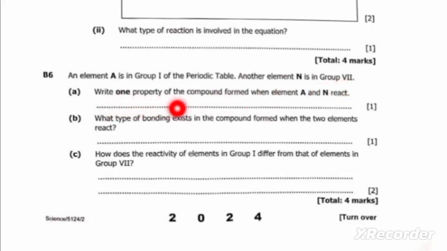Write a property of the compound formed when element A and N react. So we are told that element A is coming from group 1 and the element N is coming from group 7.